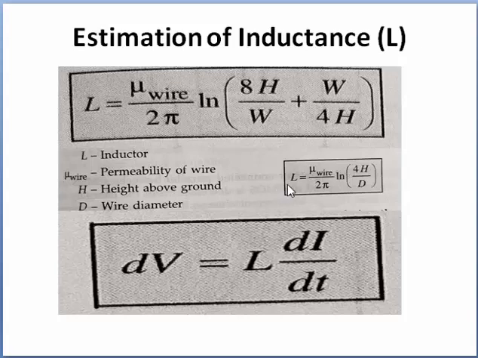So L is equal to mu wire over 2 pi ln 4H over D. So basically the wire is a cylindrical wire.